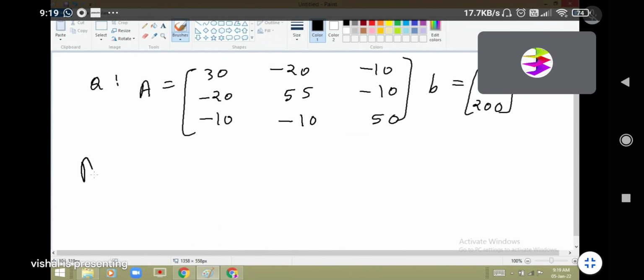After solving, you will get x equal to 3, y equal to 2, z equal to 5. Okay, so please click a photo and try to solve this question. Everybody please solve this.